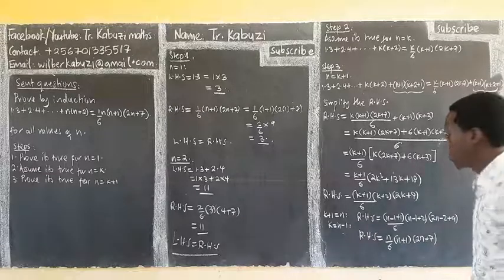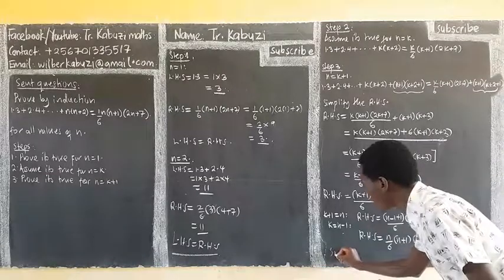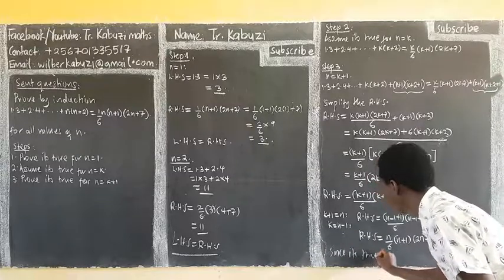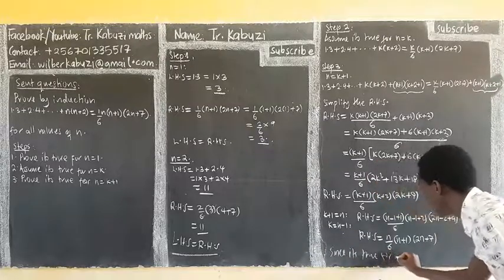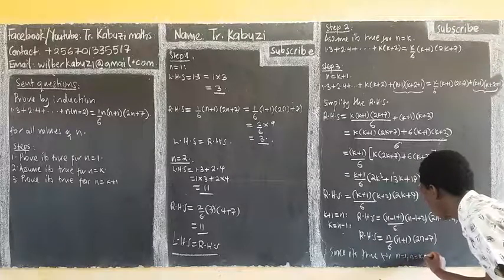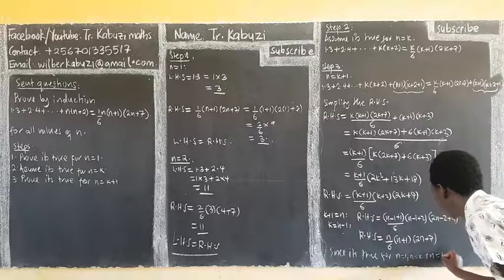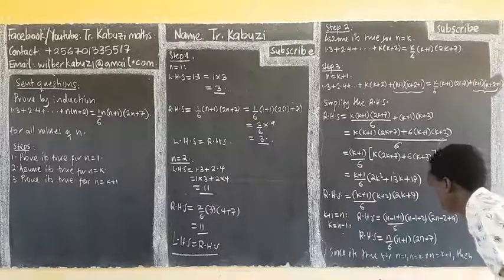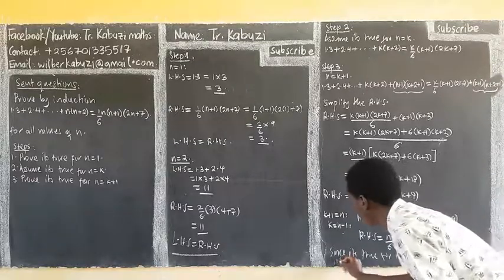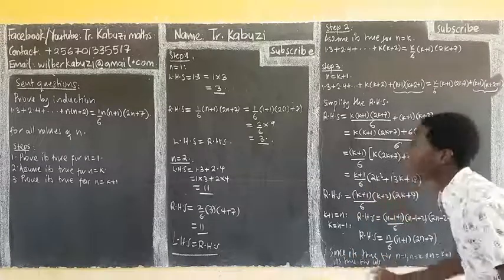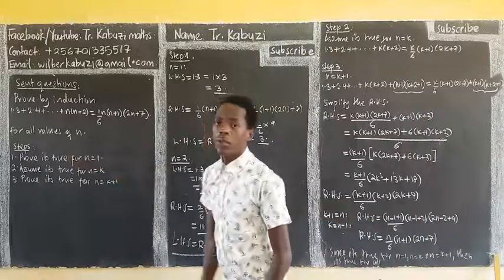Then we conclude, since it's true for n is equal to 1, n is equal to k, and n is equal to k plus 1, then it's true for all values of n.